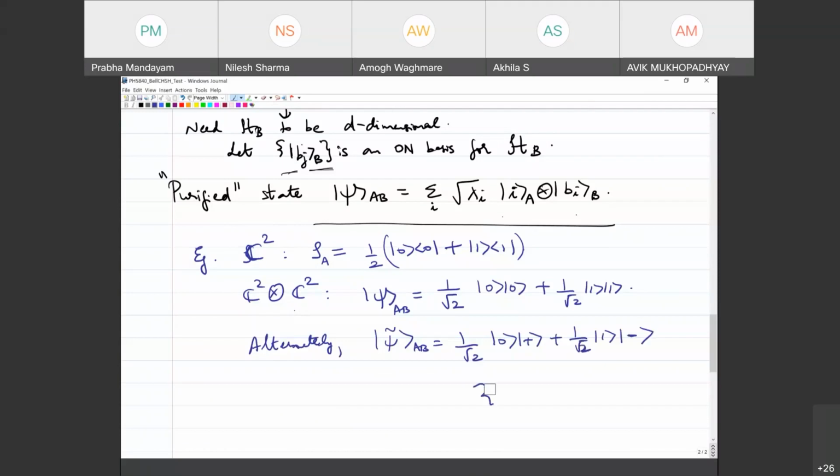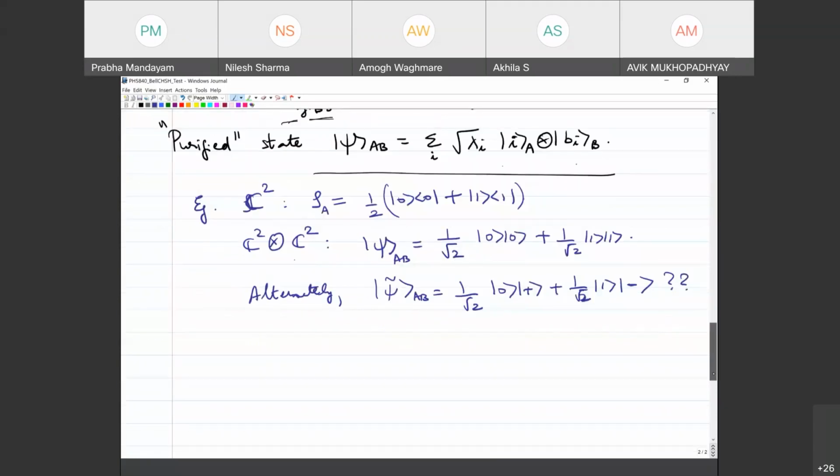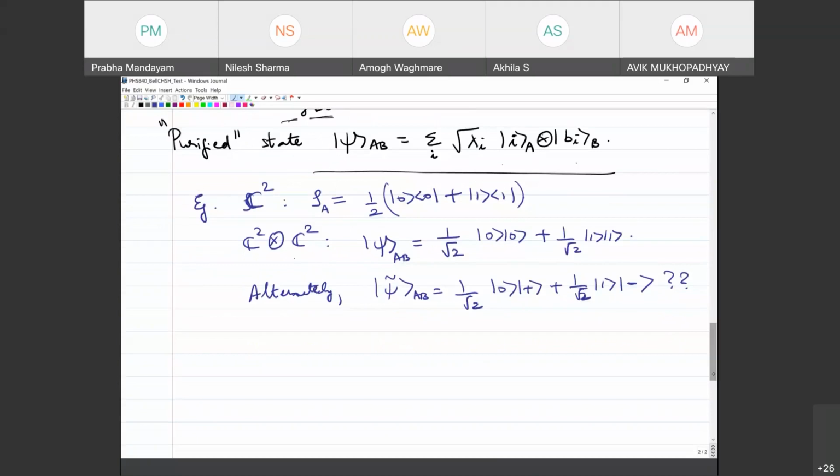Is this also a valid purification? How will you check if this is also a valid purification of the same density matrix? By taking the partial trace. Indeed. So why don't you go ahead and do that and let me know if this is also a valid purification.